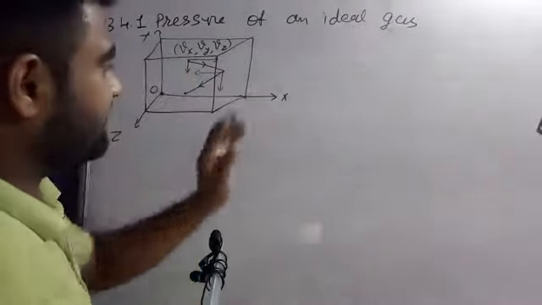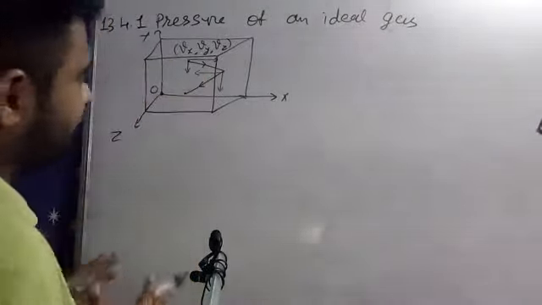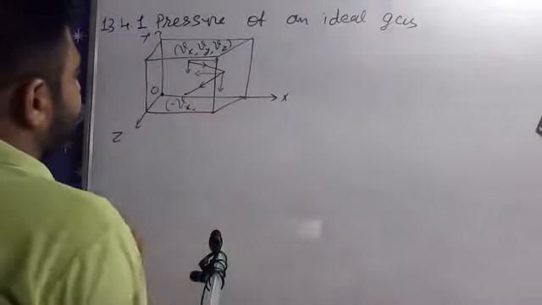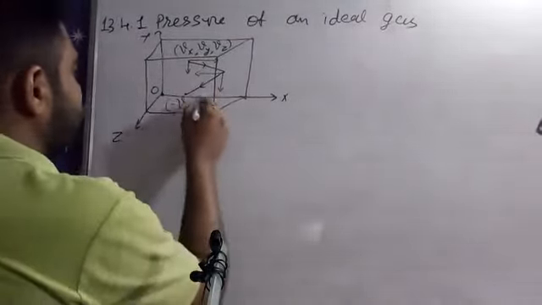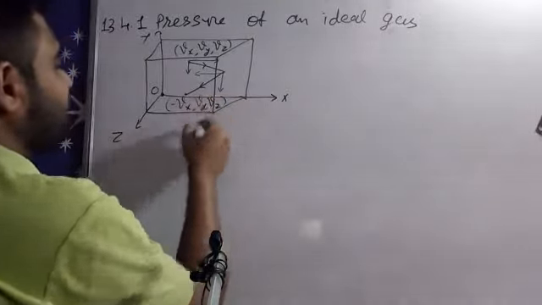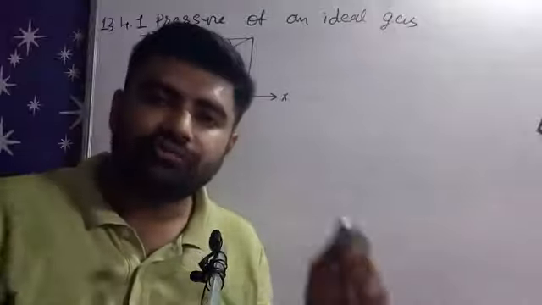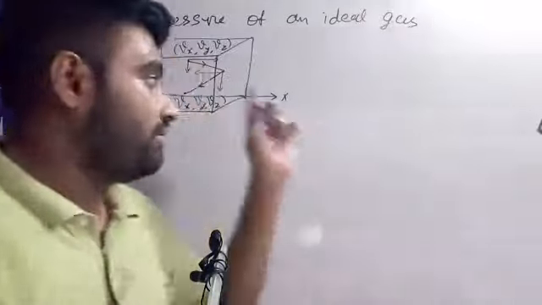First it is in the right hand side direction, now it is in the left hand side direction for the final view. So minus vx, vy remains as it is, and vz as it is. Here we can see that only the x component of velocity has changed.